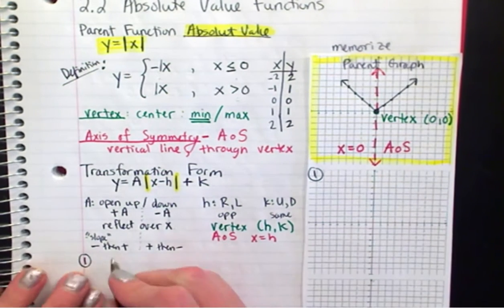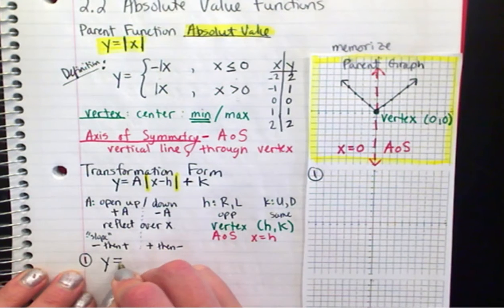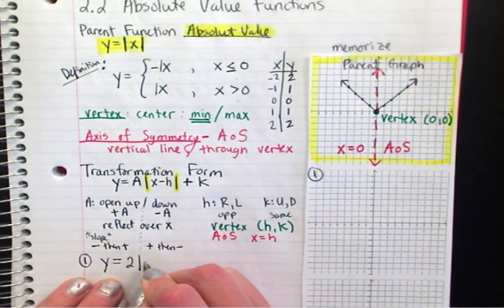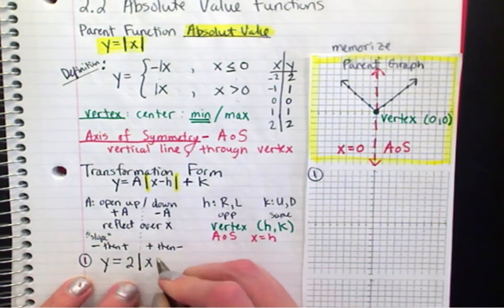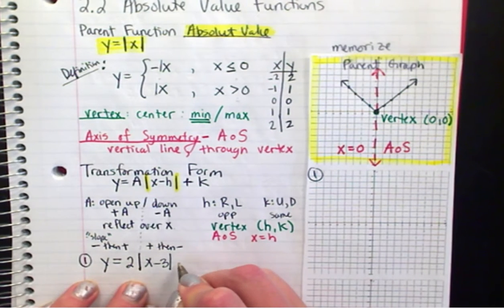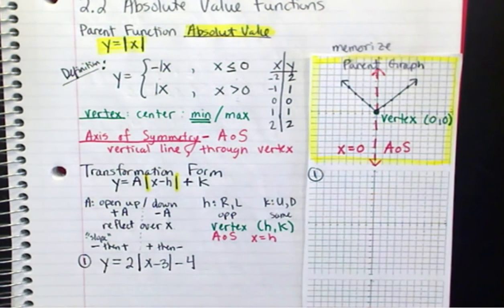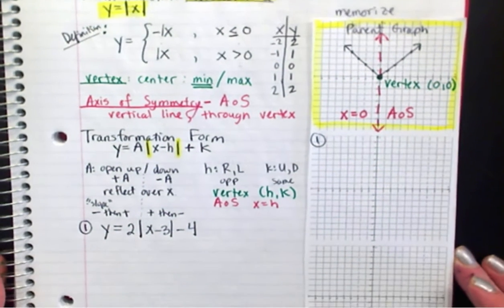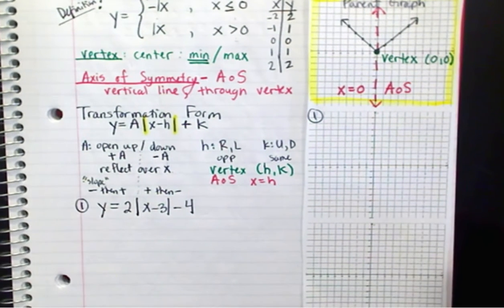Let's graph. Y equals 2 absolute value. Okay, there's our equation. I need to say what A, H, and K is going to do to the parent. Now, this graph, this parent graph, is memorized.